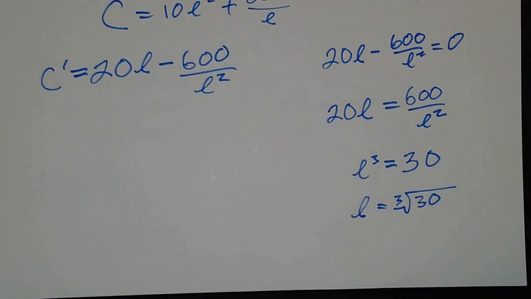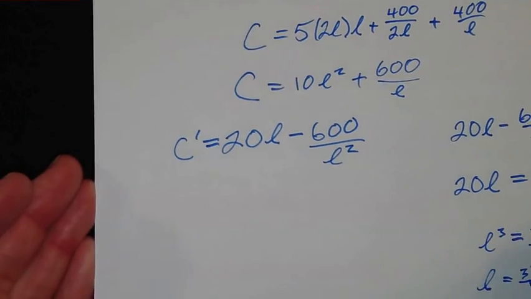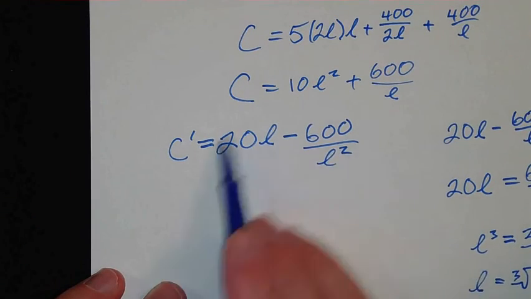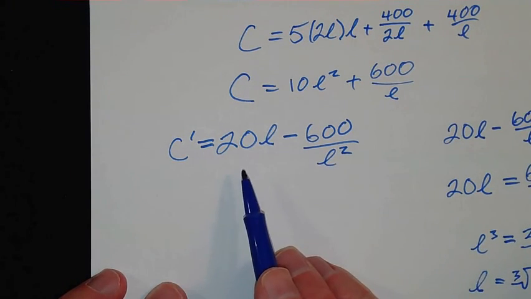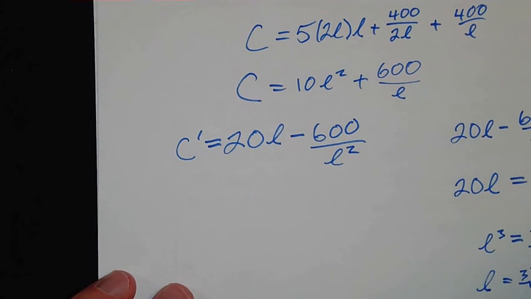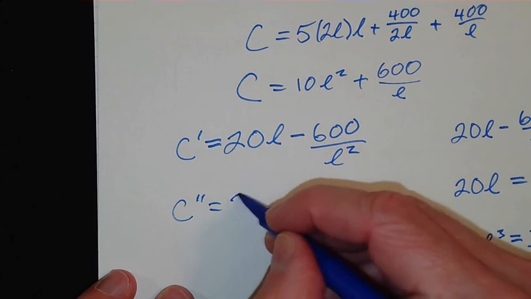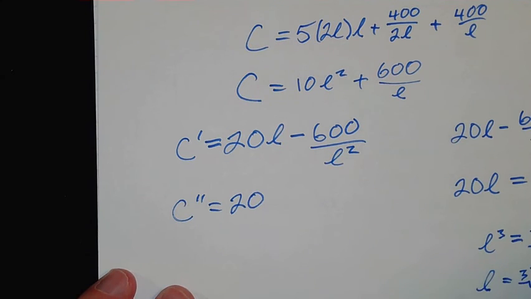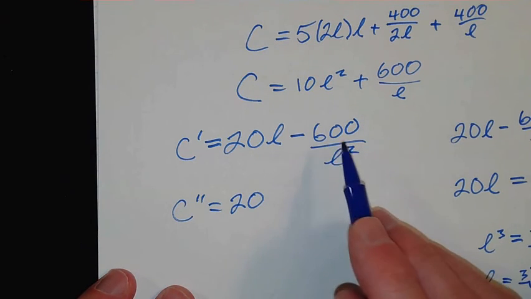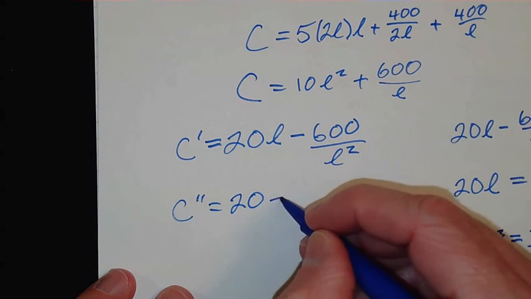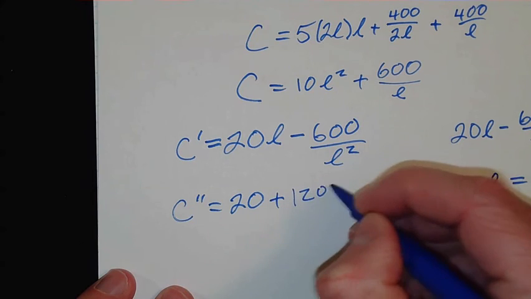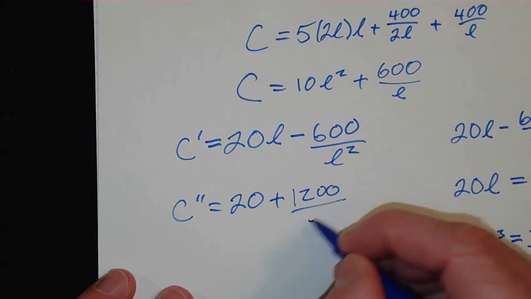Maybe I should be using calculus and taking the second derivative. And in fact, this would maybe be a good application. The second derivative test applied here is not going to be too bad. Let's just go ahead and do this. The second derivative would be 20. Let's see, this is minus 600L to the negative 2, so it'll be plus 1200L to the negative 3.